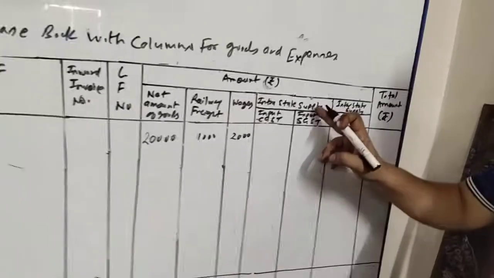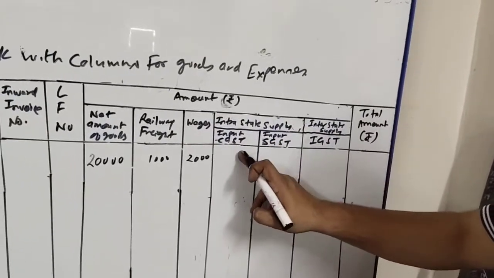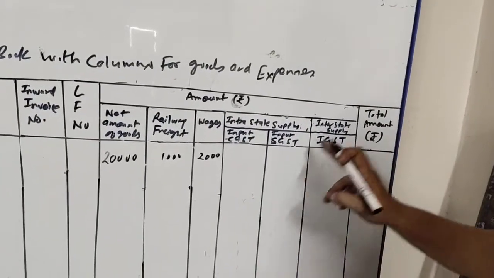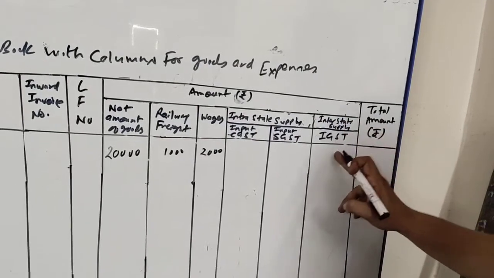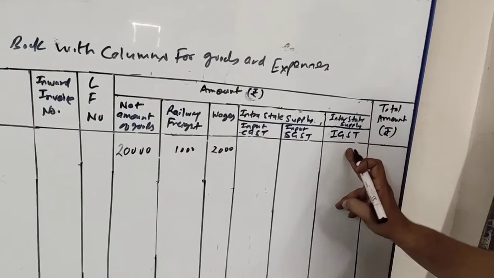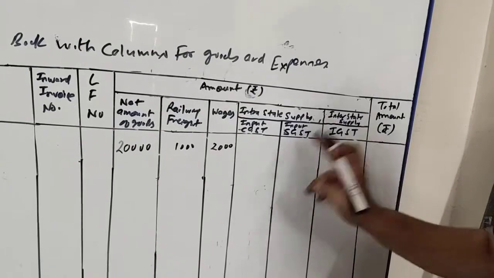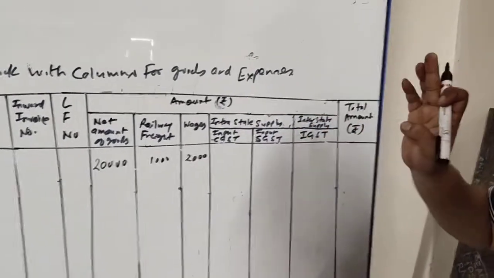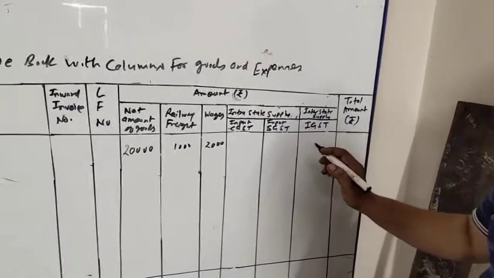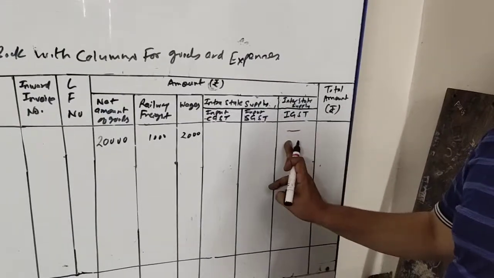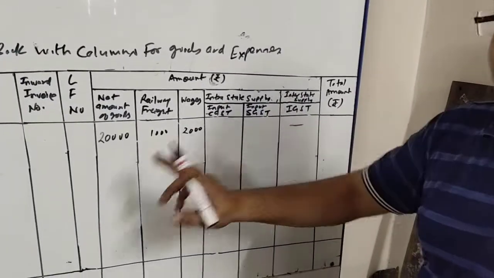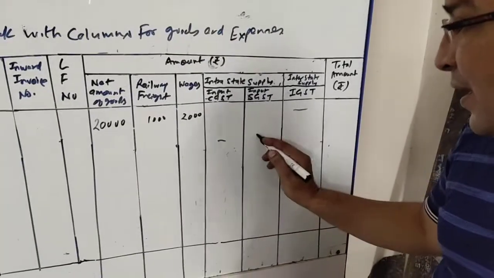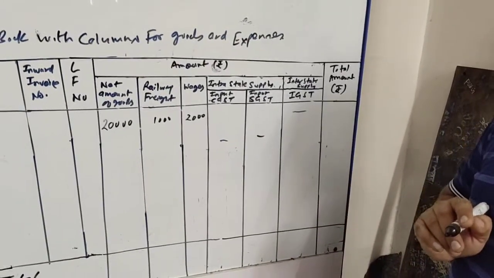Then what comes? Intrastate supply: input CGST, input SGST; or interstate supply: what is applicable? IGST. So if GST applies, then either intrastate or interstate will be applied. If intrastate is applied, there will be nothing in IGST, and if interstate is applied, there will be nothing in CGST and SGST.